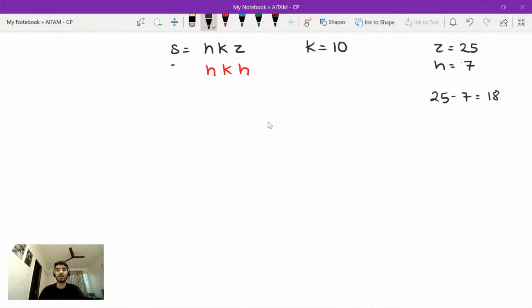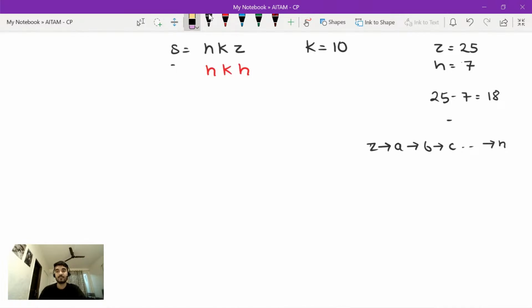Now let's try to convert this z using a right shift. That is, I will convert this z into a, then this a into b, then this b into c, and then up to h. So how many operations do we require in that case? It is simply equal to 26 minus this 18, or you can say the difference between these two characters.